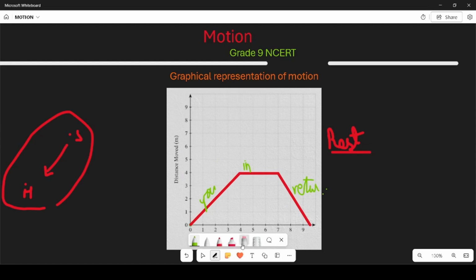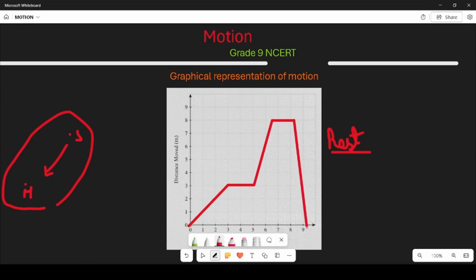Now let me show you a different example, and you're going to tell me how the object is traveling. You might have seen this graph somewhere. It's simple.